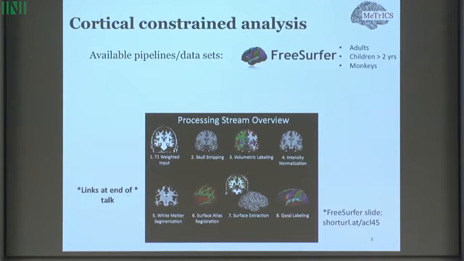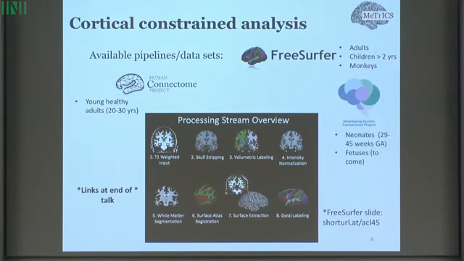FreeSurfer is a tool that's developed for adults. It can be used for children over about 2 years old. It's been used in monkeys. We have used an adapted version of these pipelines for the Human Connectome Project, which is a very big open database that's acquired about 1,200 high spatial and temporal resolution functional imaging and microstructural imaging data of young healthy adults.